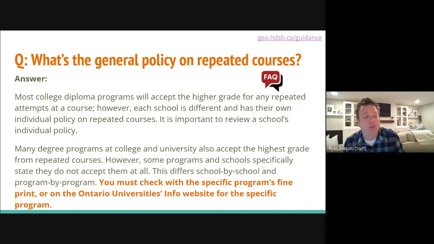However, there are some programs and there are some schools where they specifically state that they do not accept repeated courses, or that they reserve the right to dock 5% or some other amount. That is all fine print that you could find on the university's specific website for admissions, or their admissions page for that specific program, or on the Ontario Universities' Info website. So one school that does come to mind is Waterloo.